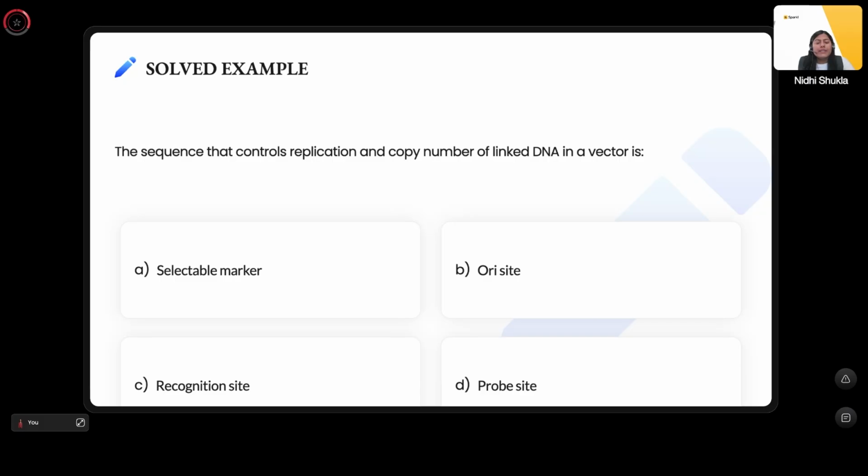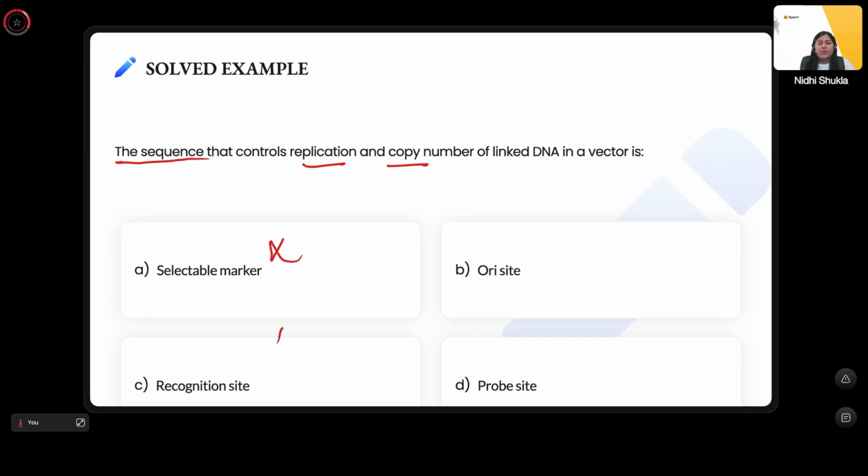Now let us look at our next question. The sequence that controls replication and copy number of linked DNA in a vector is... okay. The sequence is very important, students, because if your vector does not have the sequence, the vector cannot be used in the process of genetic engineering. For anything to be a vector, one of the most crucial things is to have a sequence which will control replication and copy number. And what is that sequence?